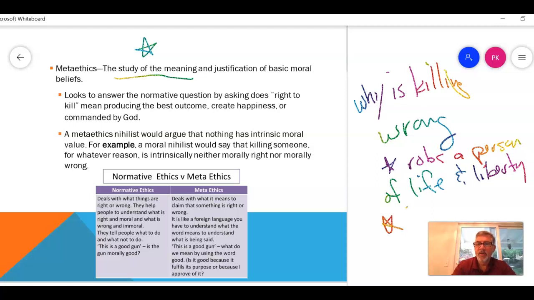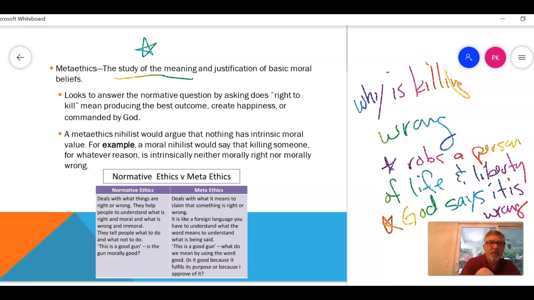Is it wrong because God says so? Is it wrong because culture says it's wrong? So why is it wrong? That's what meta-ethics looks at.